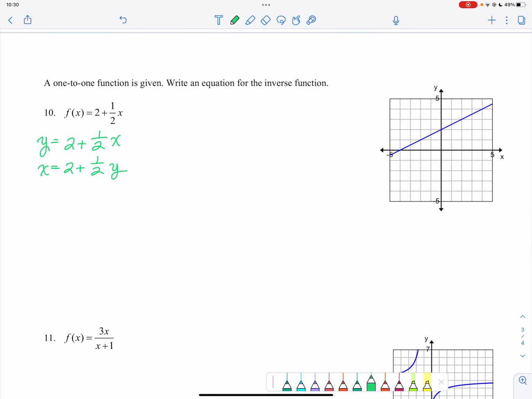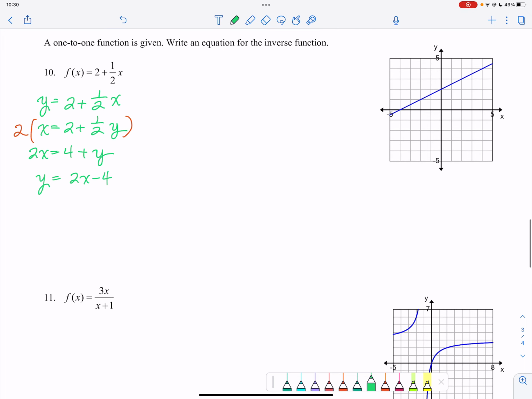So we're going to multiply everything by 2. And we have 2x equals 4 plus y. And we get y equal to 2x minus 4. So therefore, f inverse of x is equal to 2x minus 4.